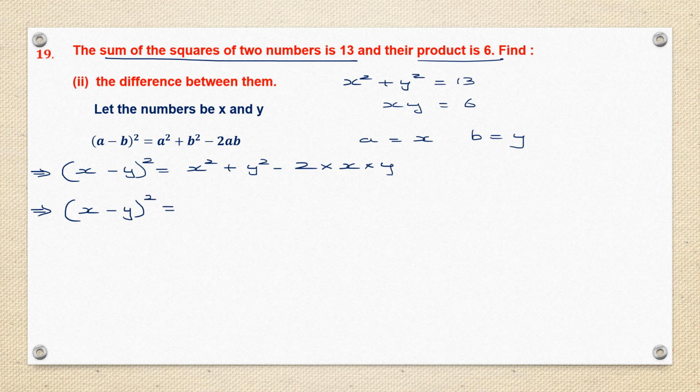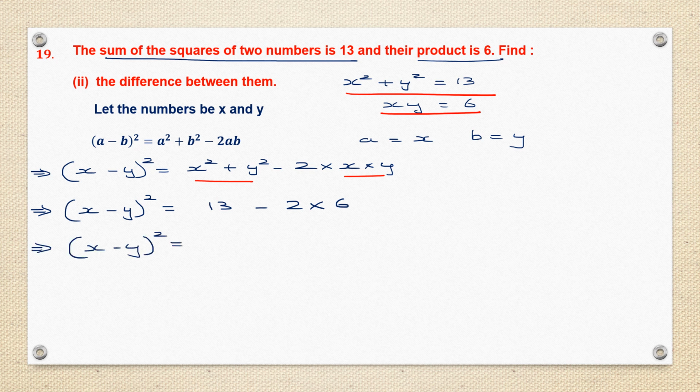Now here x square plus y square, we already know in the question it's given as 13. So let's write 13 here, minus 2 into x into y. So xy also we know is 6. So x minus y the whole square is equal to 13 minus 2 sixes are 12.